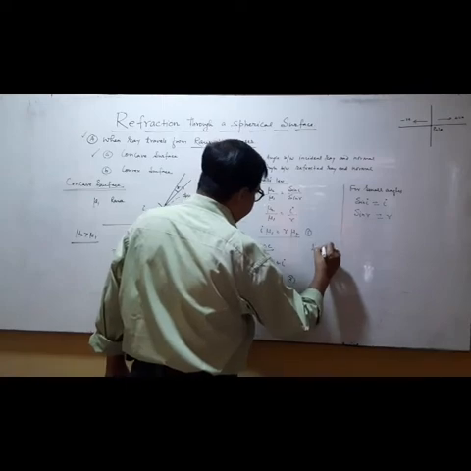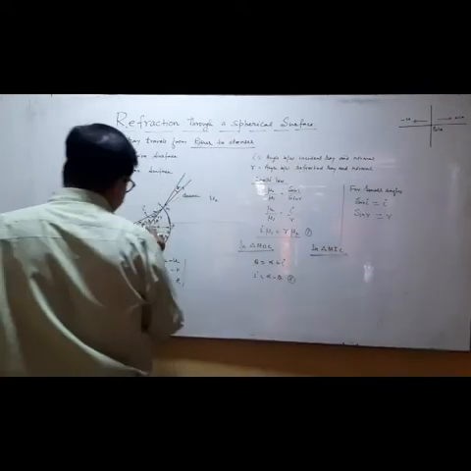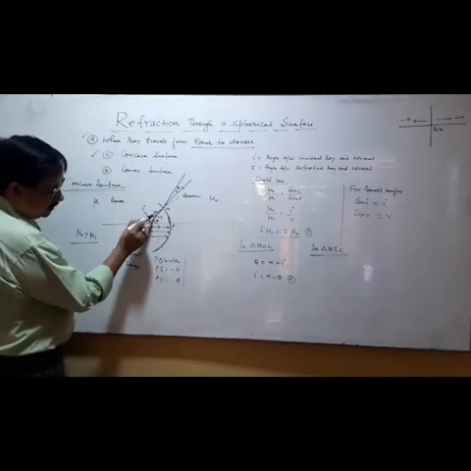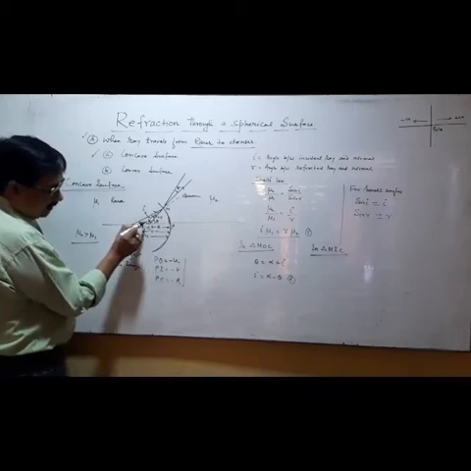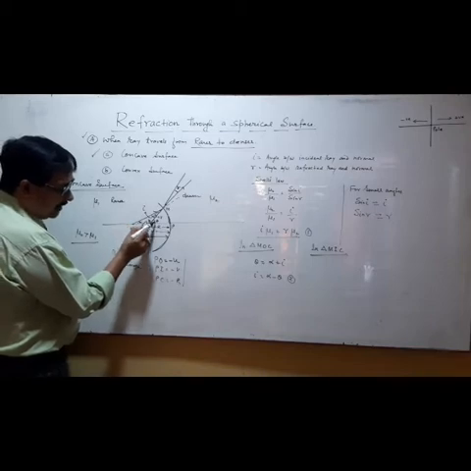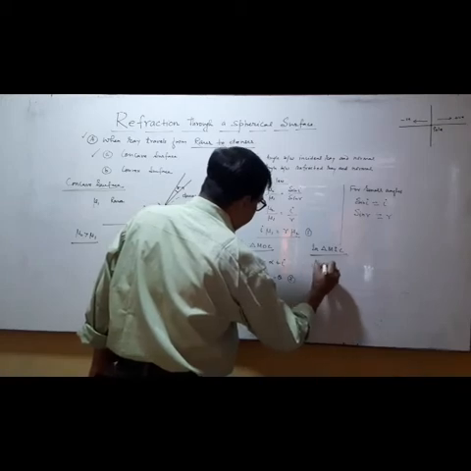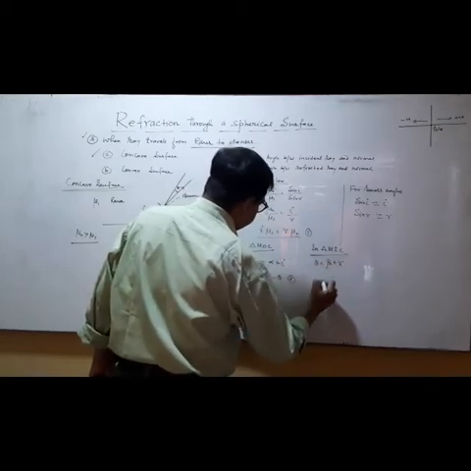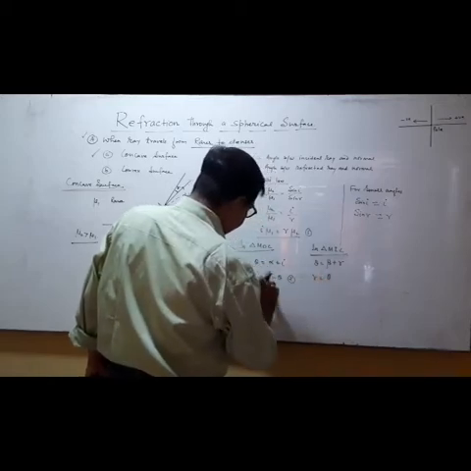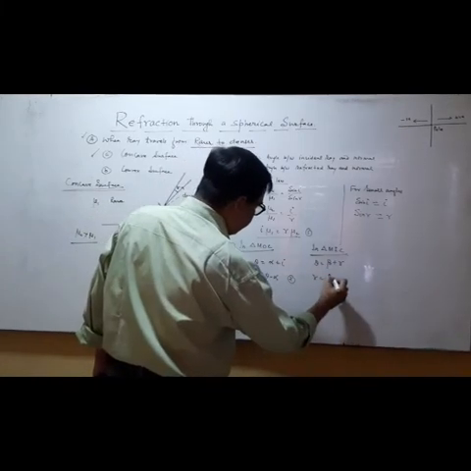Again, find triangle MIC, the small triangle. This angle is R, this is beta, and this is theta. For this triangle also we can write theta is equal to beta plus R, so R is equal to theta minus beta.